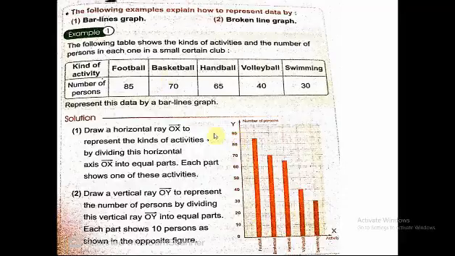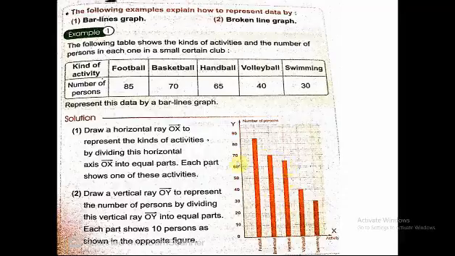The second thing, basketball. Basketball is 70, so I will move from basketball up to reach the number 70, and I make my bar line. Handball is 65. I start from handball and go up until I reach 60, and I know that between 60 and 70 we have 65.